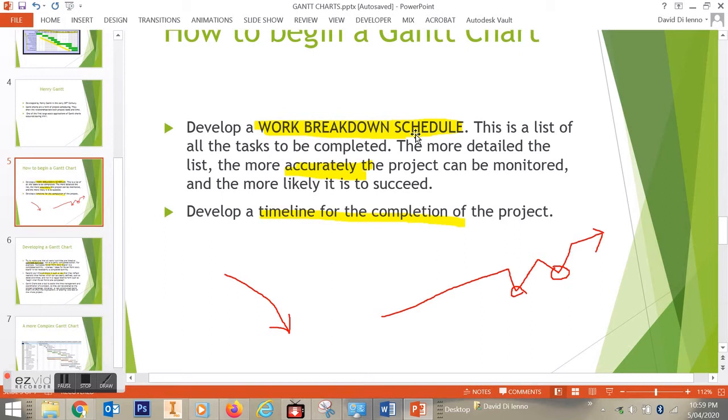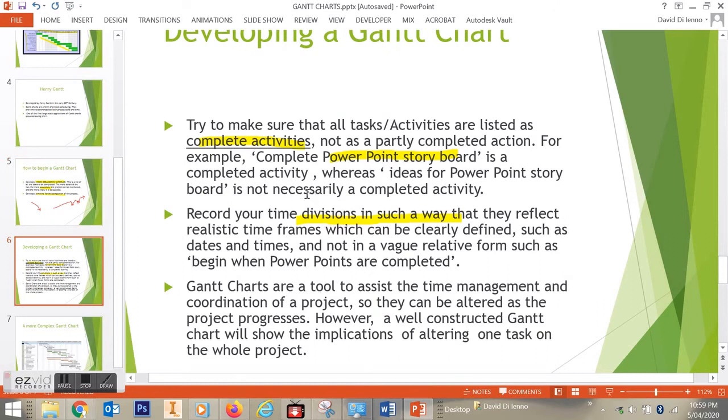Now, remember, you have a work breakdown schedule, which is a number of tasks. Break those down into as much detail as possible, and that will ensure not that you'll avoid problems, but it'll ensure that you'll have enough time to solve the problems that you're going to encounter. When you come to listing all your activities, your tasks, try and be specific about the sorts of things that are important, so that you can measure each task as having been definitely finished.